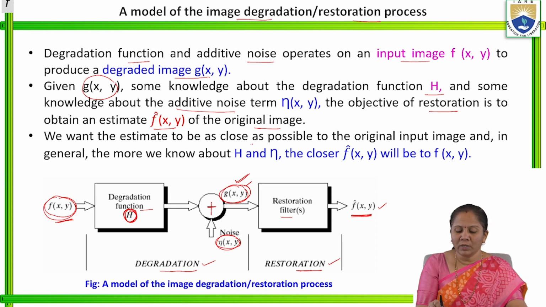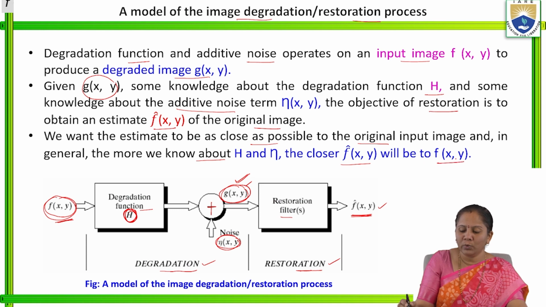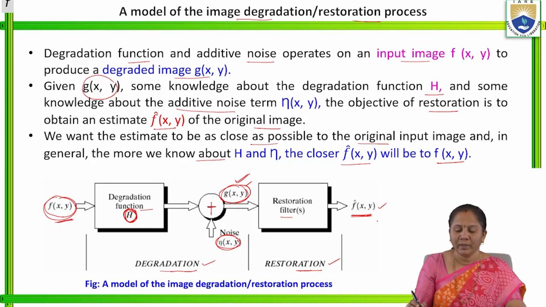Here we want to estimate the output to be as close as possible to the original image, and in general we should have an idea about h and eta. The closer f cap of x comma y will be to f of x comma y.